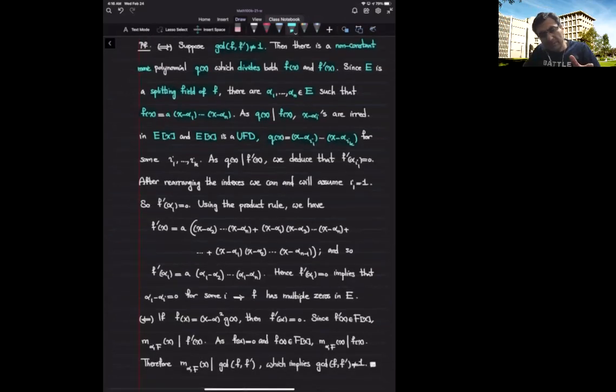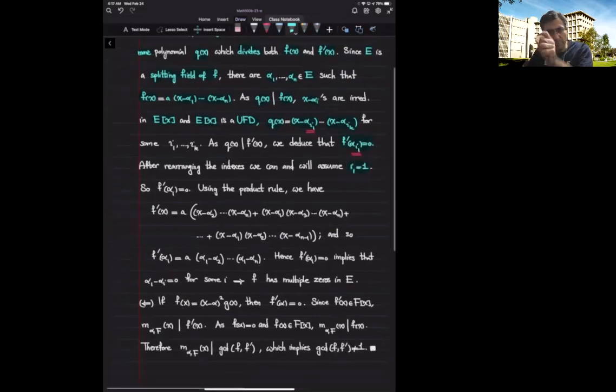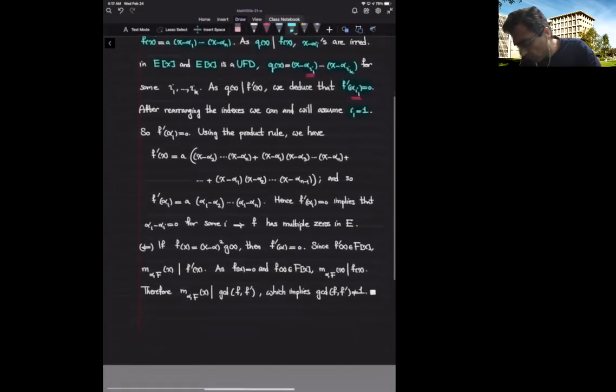And now, because Q of x is also supposed to divide f prime, I get that x minus alpha i sub 1 is a factor of f prime, and therefore alpha i sub 1 is a zero of this polynomial as well. I can rearrange the indices and assume that this index is 1. There is nothing special about i sub 1. So altogether, what we have deduced is that f prime at alpha 1 is actually 0.